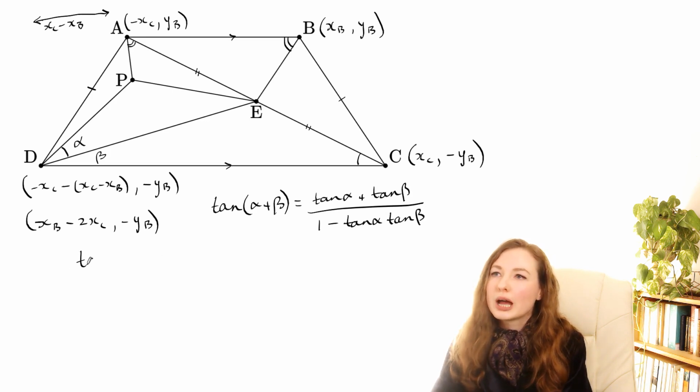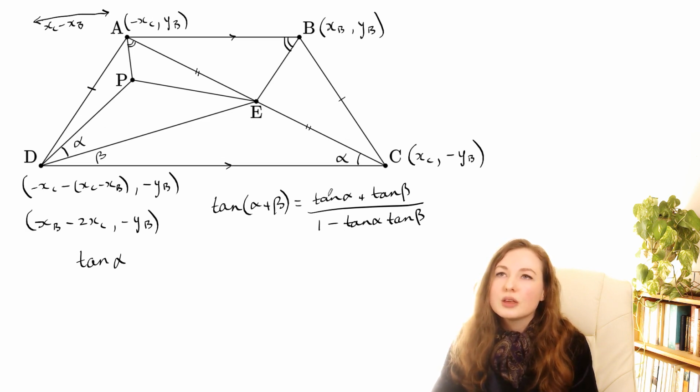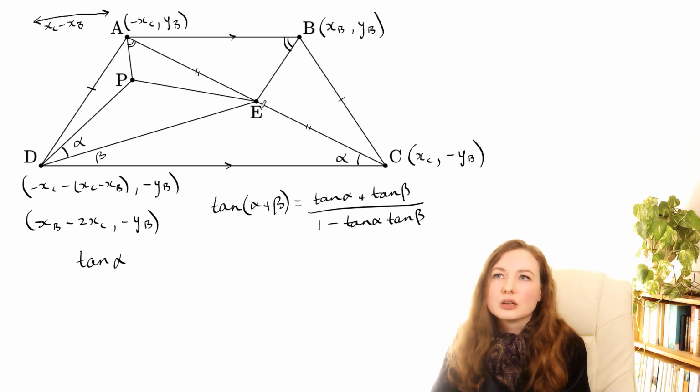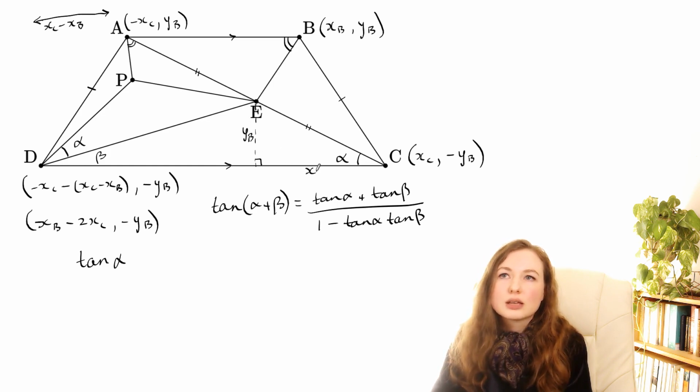Okay, so let's see if we can work out tan alpha. Because that's the same as that one, this is also alpha, and we've got the coordinates of C, so you can imagine a little triangle here where that side is yb and this side is xc. So tan alpha will be yb over xc.